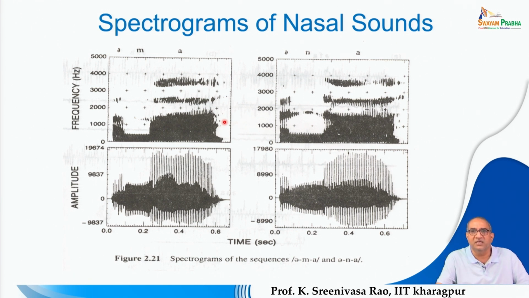Whereas in the case of Na, the size or the shape of the oral cavity, or the volume offered by the oral cavity in the production of Na, is different from the production of Ma.